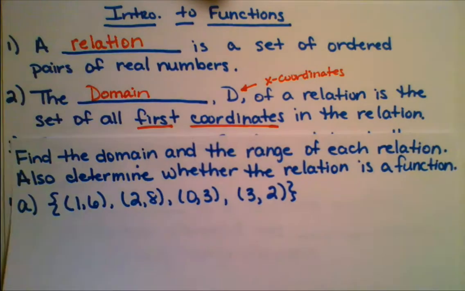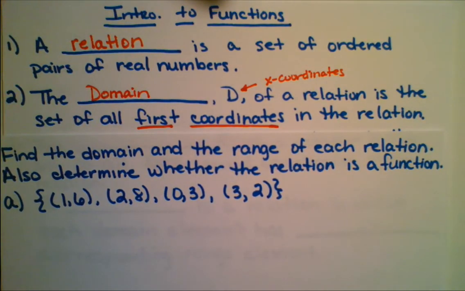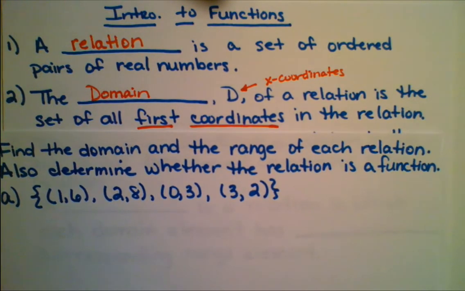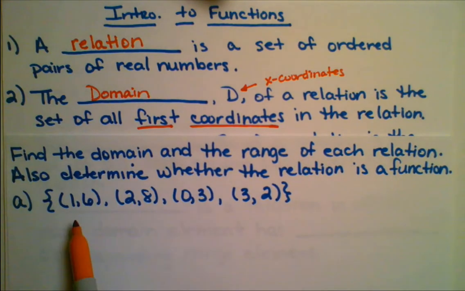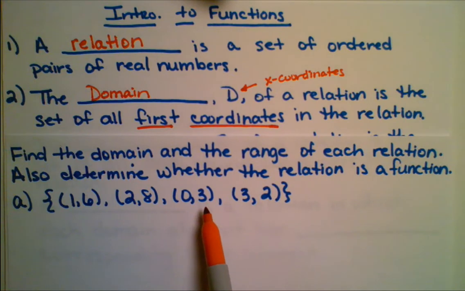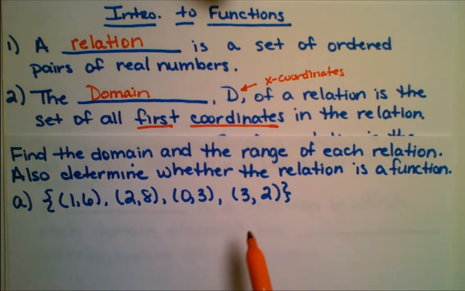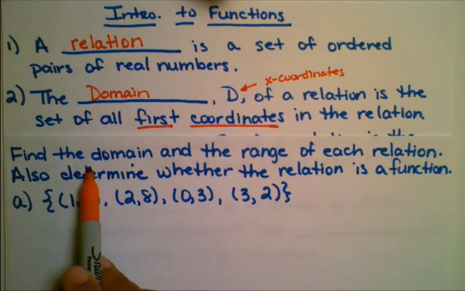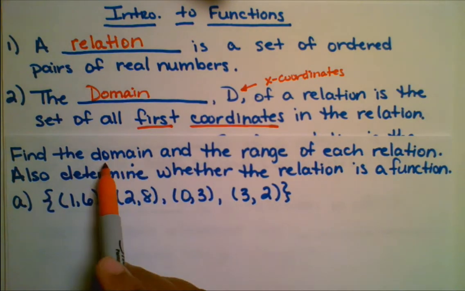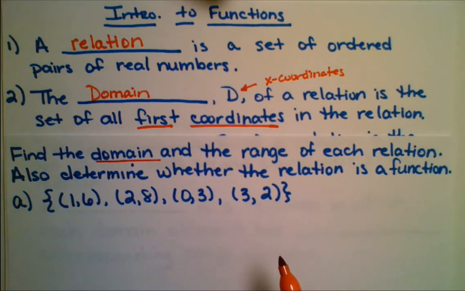As we take a look at the first example, where we have the relation (1, 6), (2, 8), (0, 3), and (3, 2), let's answer the question. It says here, find the domain. Well, what are all of the x coordinates here? So our domain, we would say 1, 2, 0, and 3.